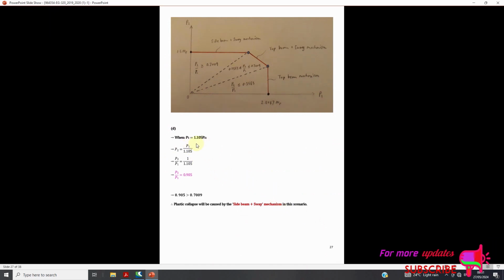Now when P1 is equal to 1.105 P2, then P2 over P1 is equal to 0.9005. Plastic collapse will be caused by the side beam plus sway mechanism in this scenario because 0.9005 is greater than 0.7009.